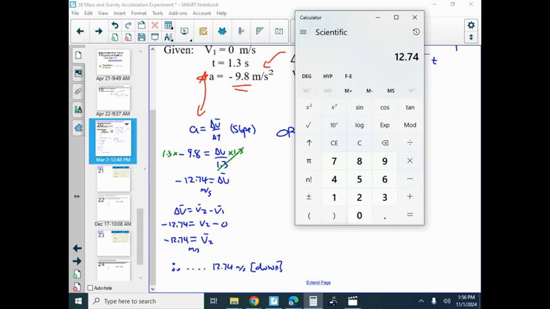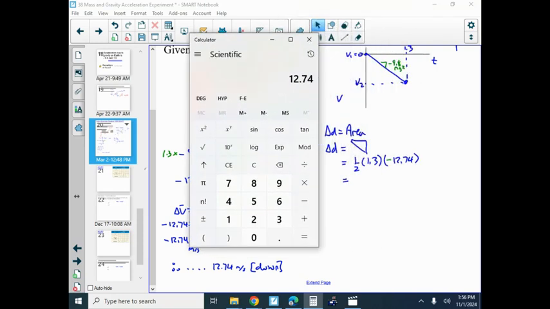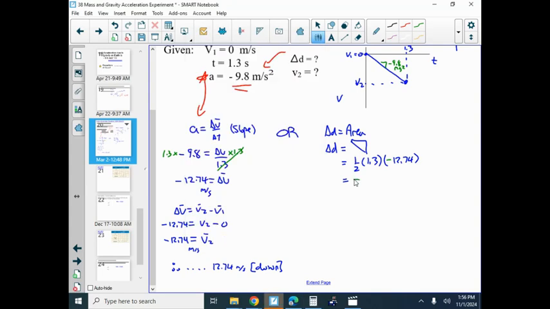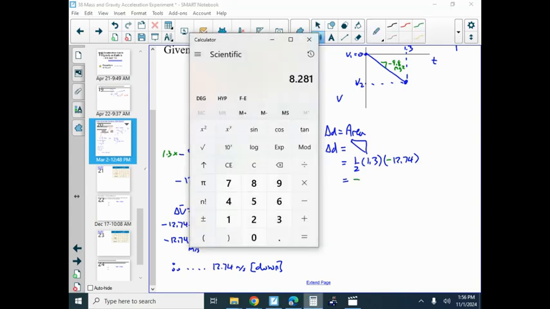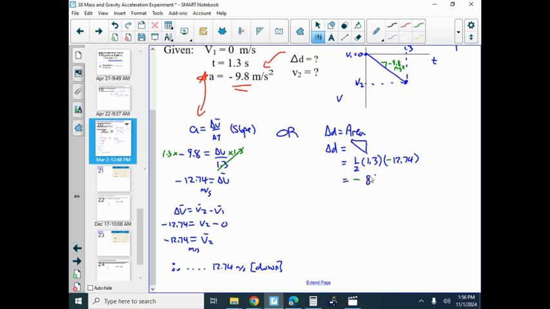So let's calculate that. We've got 0.5 times 1.3 times 12.74 equals 8.281. So we have a displacement of 8.281 down, right? So technically, if I put the negative in there, this is saying negative 8.281 up.